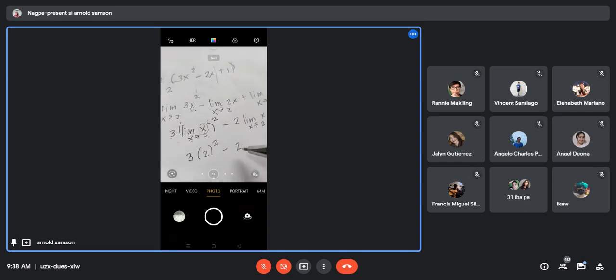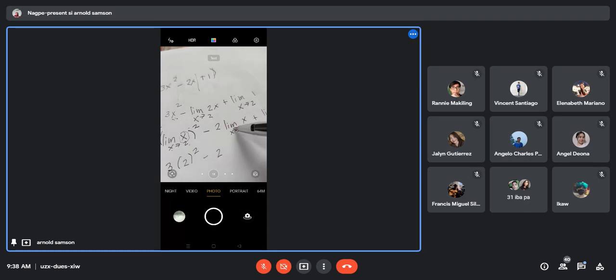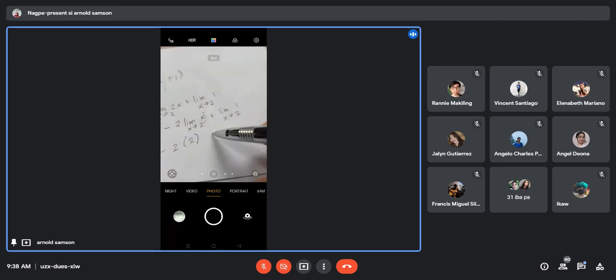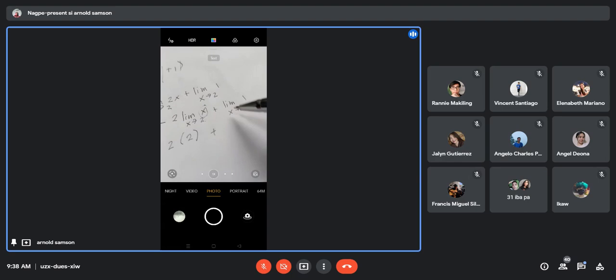Minus 2 times the limit of x, so x is equal to 2. And then plus 1, because the limit of a constant is always the constant, even if x approaches 2.